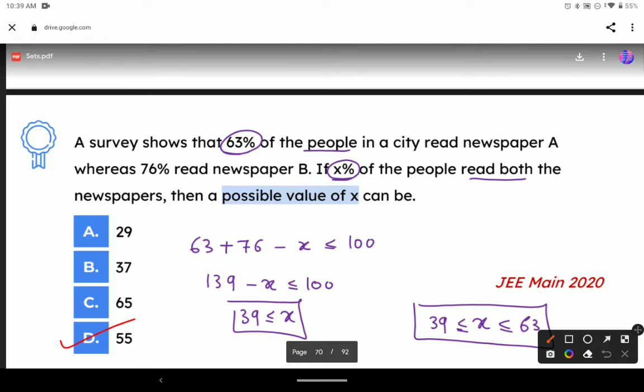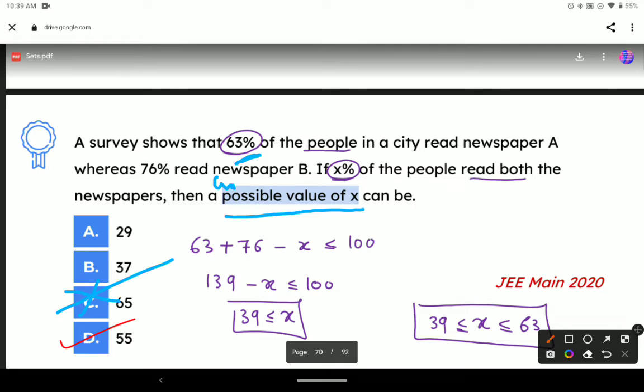If they ask for an impossible value of x, meaning it should not be that, then if this is a maximum of 63, 65 can be ruled out. So this is the correct answer. If they ask to find the wrong value of x in the given options, then 65 is the right answer.